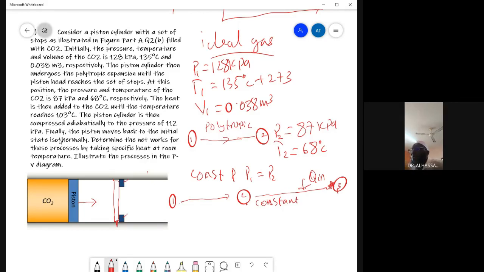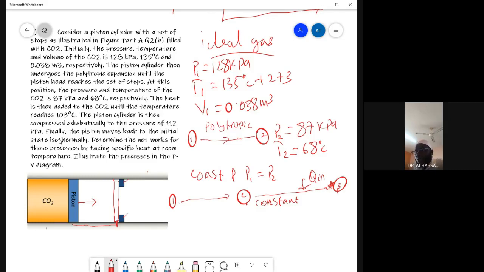Between process 2 and process 3, pressure, there is something which is constant. What? You see, between state 1 and state 2, what is happening to the volume? Volume is increasing. Then it hits this, then it stops. It can no longer go.